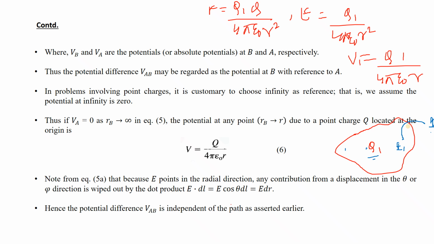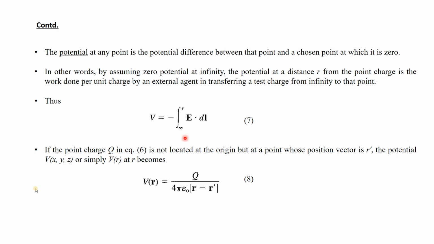The work done to bring this charge to point P, at distance r from the charge, is called the potential. So at point P the force experienced is E1, but the potential is V1. There is a relationship between V1 and E1.